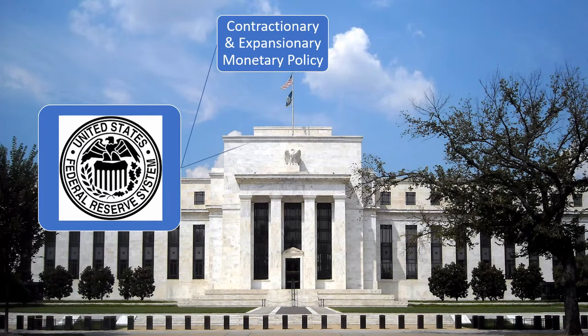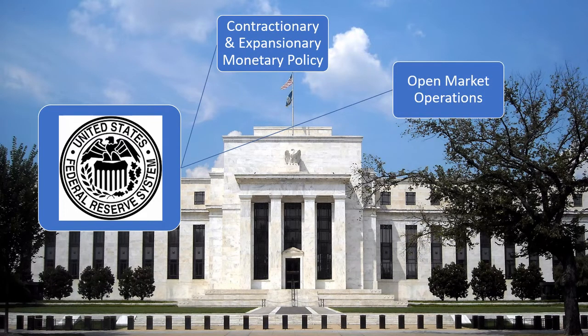Another tool that the Federal Reserve has to try to manipulate where the economy is going and what the health of it is called open market operations. This is where they buy or sell treasury bills, bonds, or securities to banks or from banks.